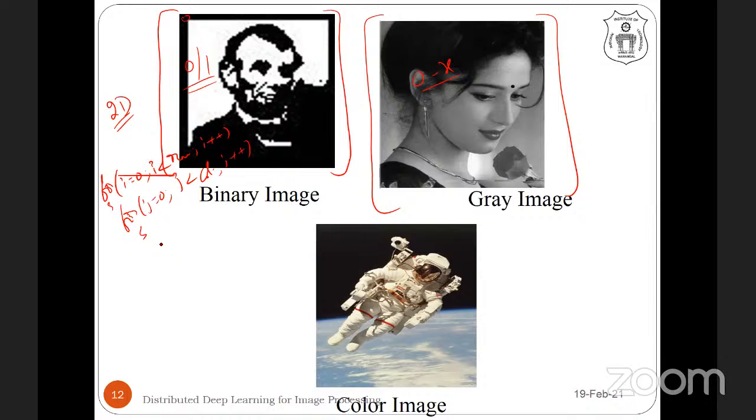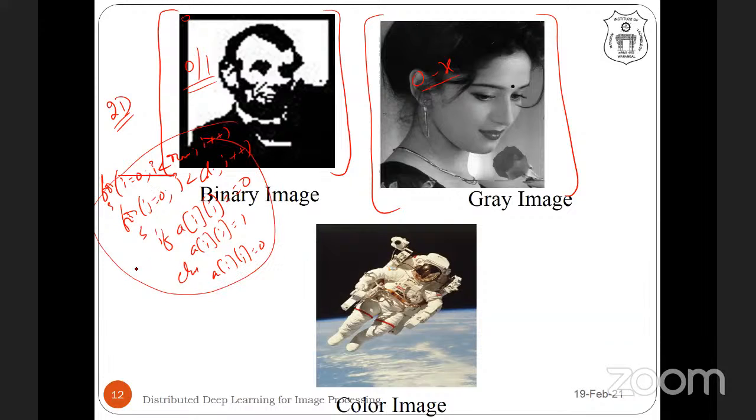Then if a of i j equal to 0, then a of i j equal to 1, else a of i j equal to 0. If 0 means 1, obviously else means the other component, 1 means 0, that's it. Now I can say that you know image processing.